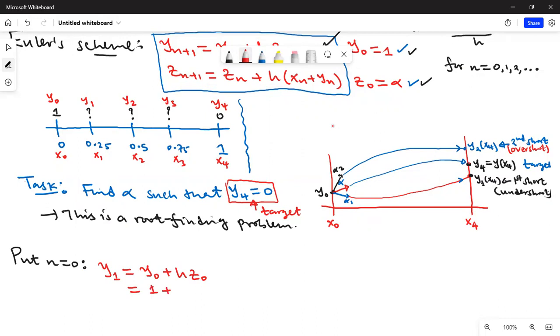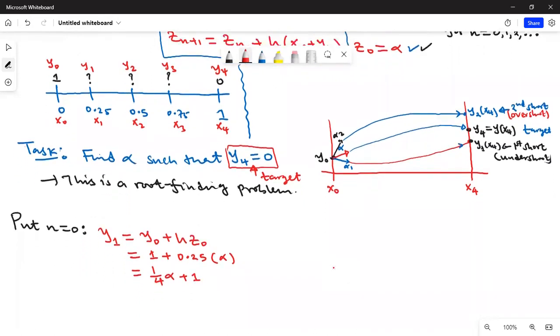I know h to be equal to 0.25. Do I know z0? That is alpha. And so when you compute this, you get your value of y1 as 1 over 4 alpha plus 1. 1 over 4 is 0.25.